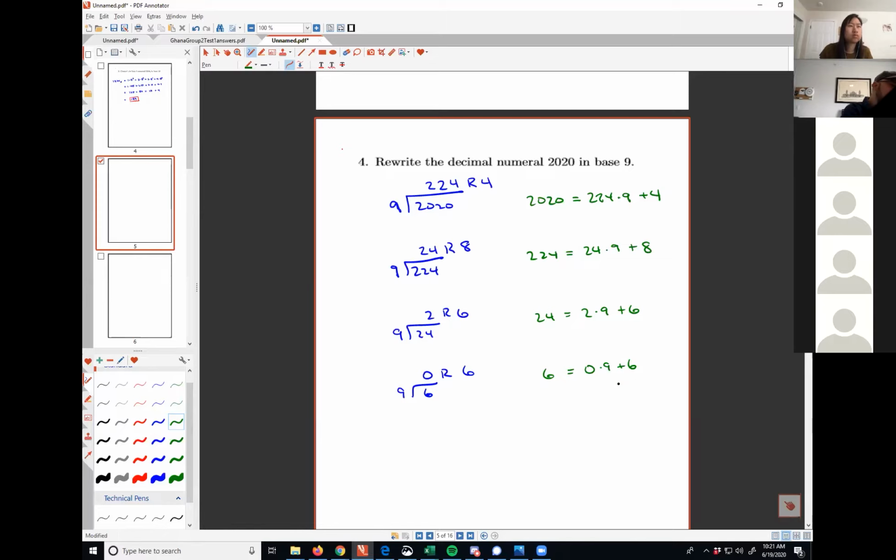And so what this number is in base 9 is, well, we've got 2 of the largest grouping.